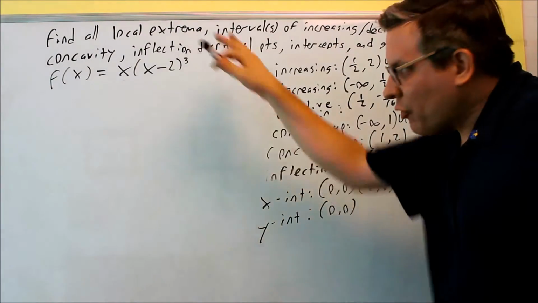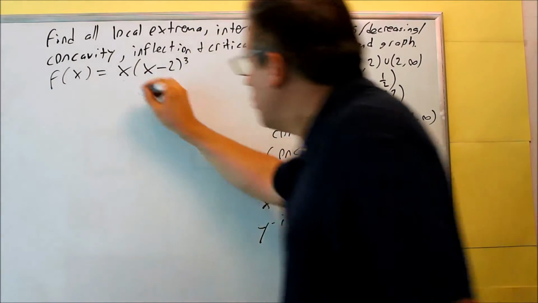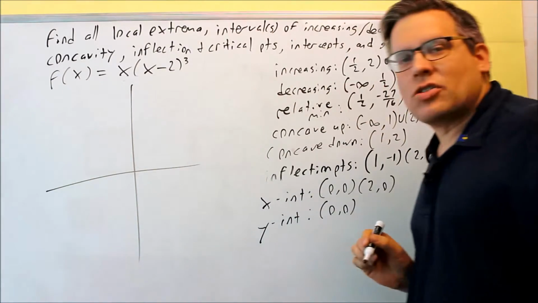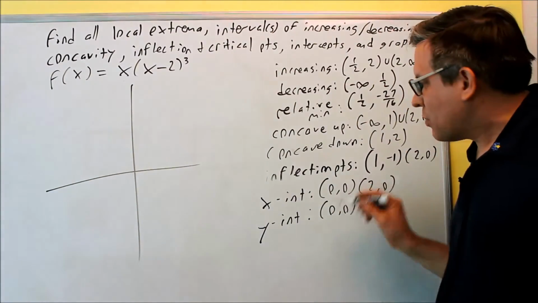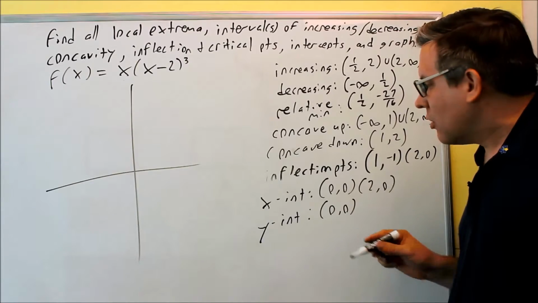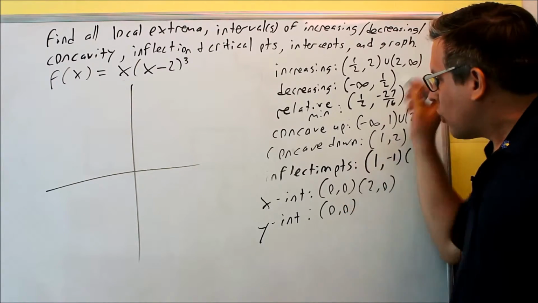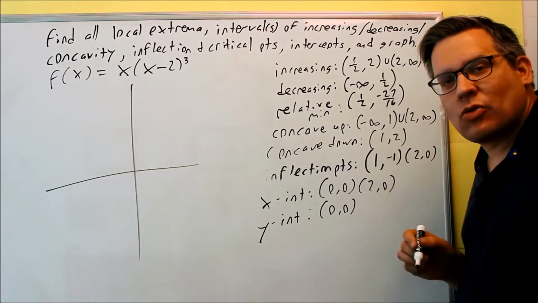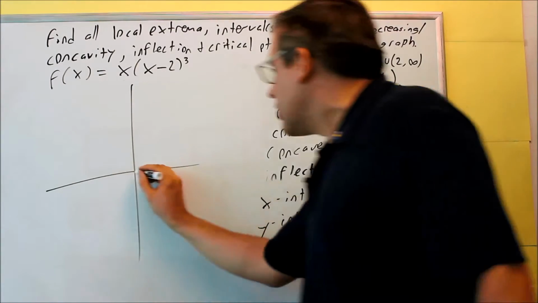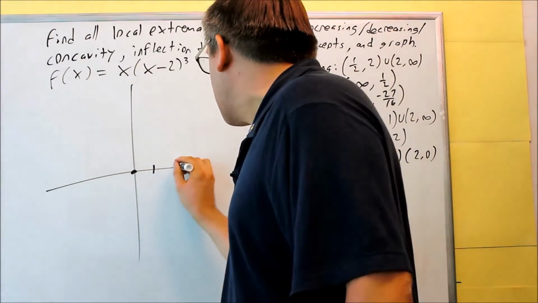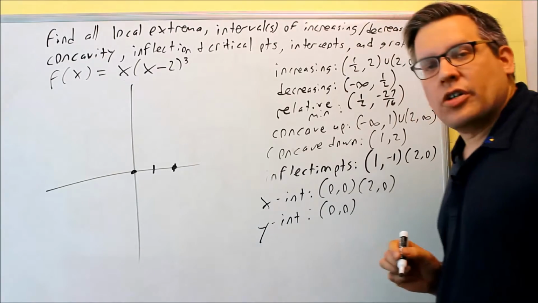Now let's do the graph. So now we're going to put all this information together. The first thing you want to start with is plotting any points that we have. So intercepts or relative mins and maxes, inflection points, you want to plot all those first. (0, 0) is an intercept, and also (2, 0) is an intercept.